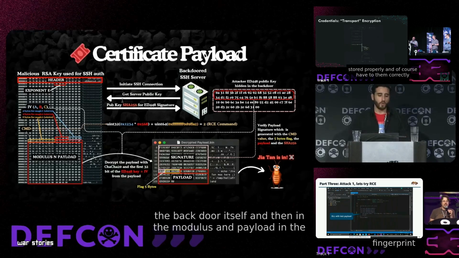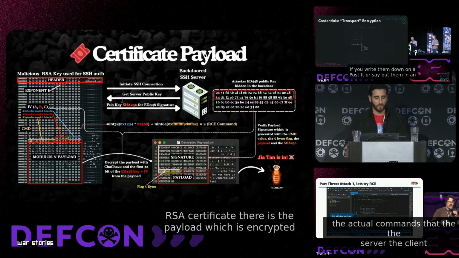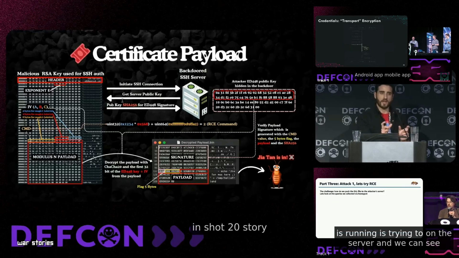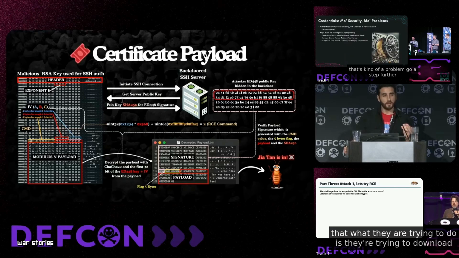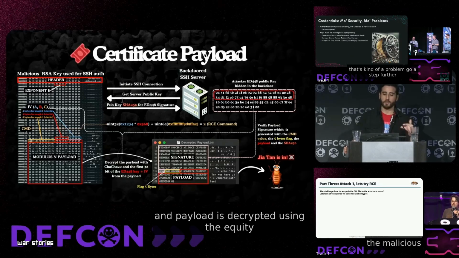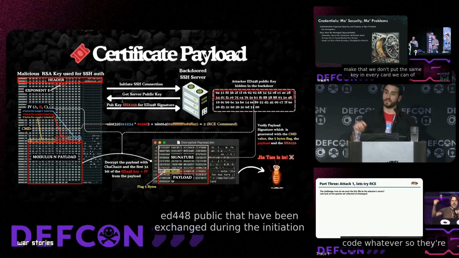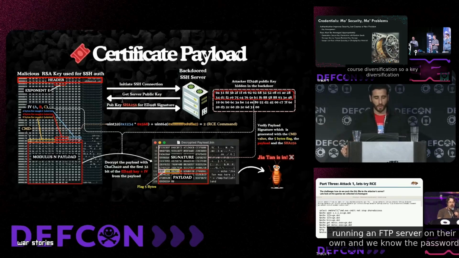First, if you have a look, it's a normal RSA certificate, but there is some interesting information. In the IV, I call it the IV because it's used later, this IV is actually the magic numbers. Remember, the magic numbers are used to calculate the command number that will be interpreted by the server and the backdoor itself.